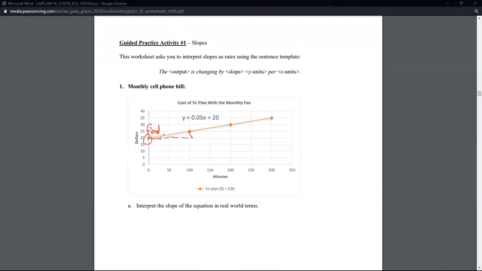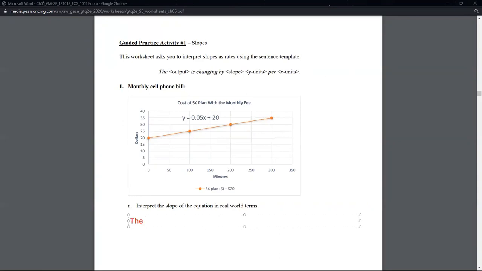So every time you go right 1, you're going to go up 0.05. But this is me actually showing right 100 and up 5, which is the same ratio if you were to reduce it. But that's not what we're supposed to be describing here. We've already done all that stuff. We're trying to interpret the slope of the equation in real world terms using this cookie cutter template.